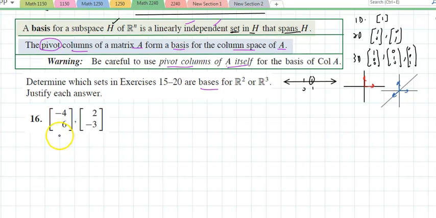If I call this vector U and this vector V, do you see that if I take 2 times V, that would be U? So those are linearly dependent. Therefore, they are not a basis for R2.